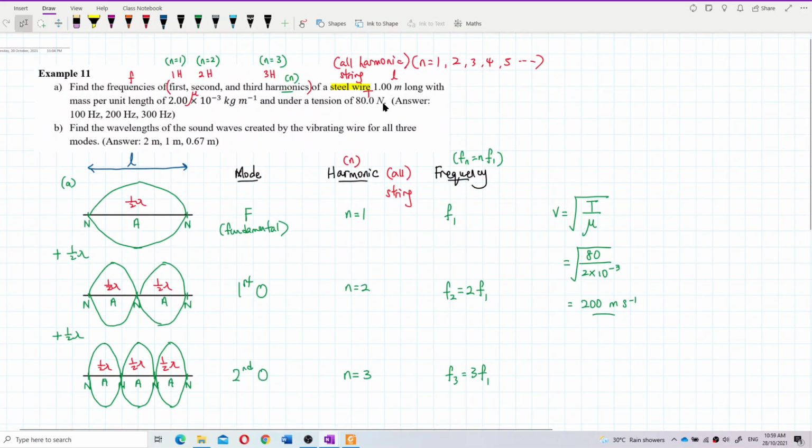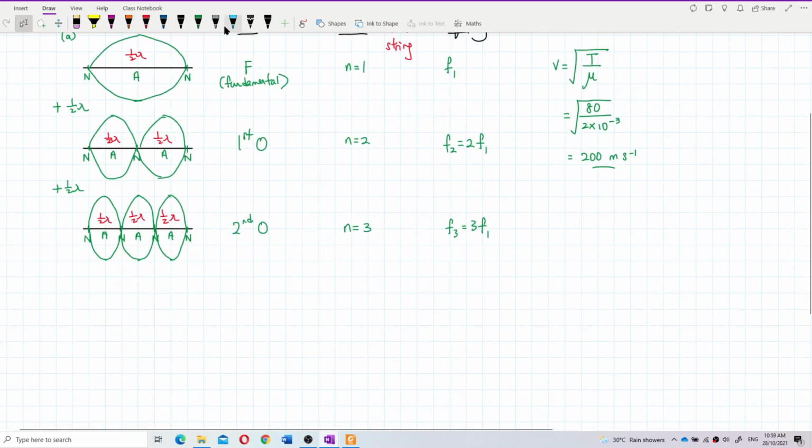I got the speed already, so I can use the simple formula V equal to F lambda. I can find my frequency.